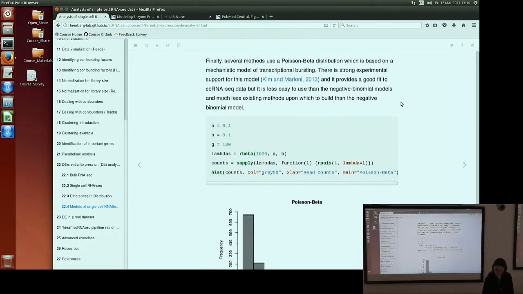And then the third model that's specific to single-cell RNA-seq, which is actually based on a mechanistic model of how transcription occurs, is the Poisson-beta distribution. Here we've got three parameters, alpha, beta, and gamma, which I've just called A, B, and G for simplicity. We've got a beta distribution for A and B, where A is the rate that a promoter is being turned on, and B is the rate that the promoter is being turned off.